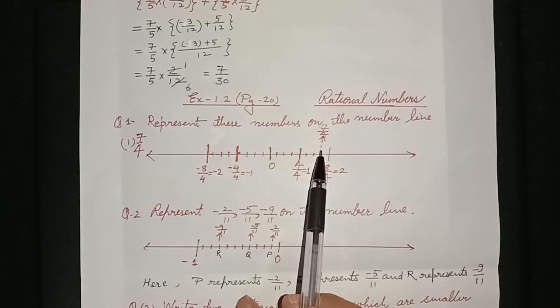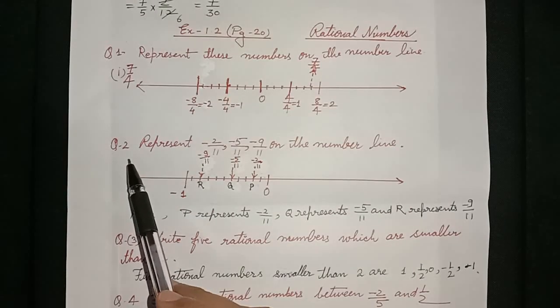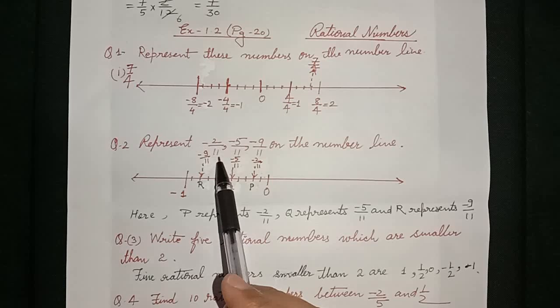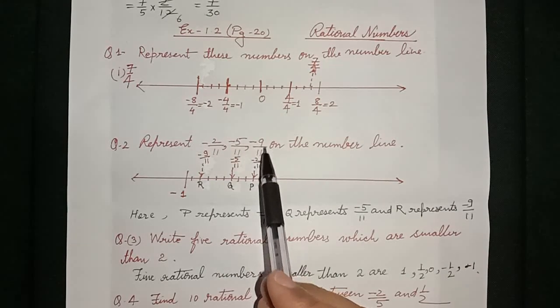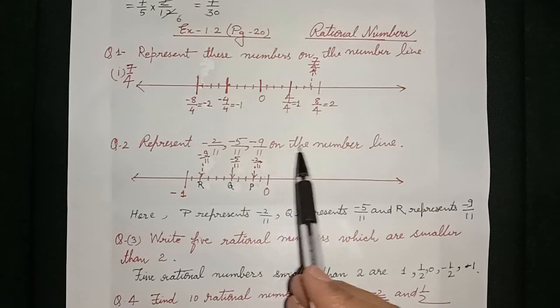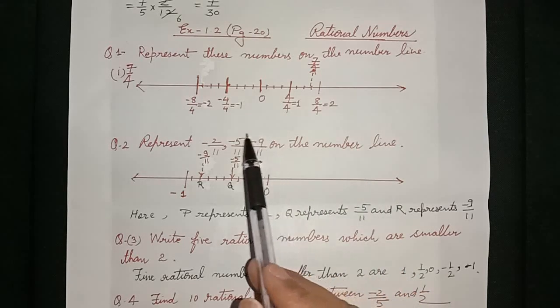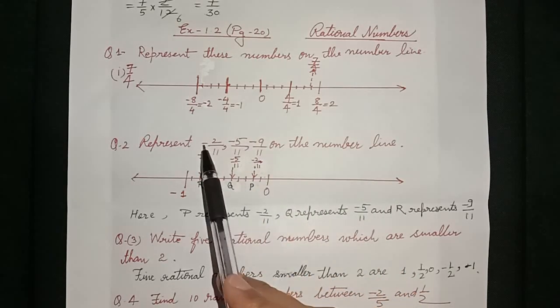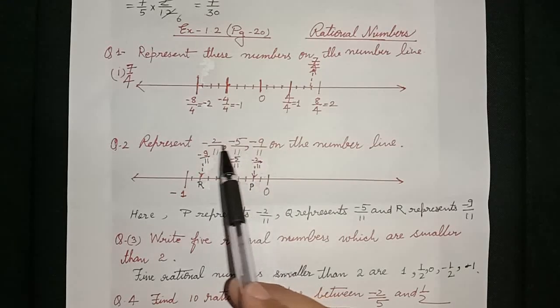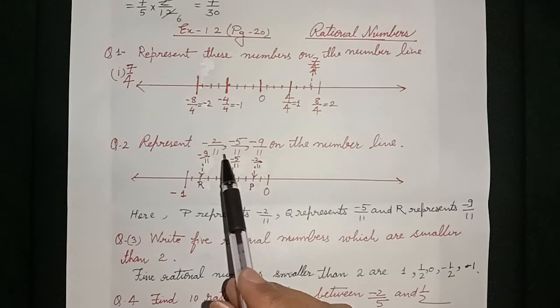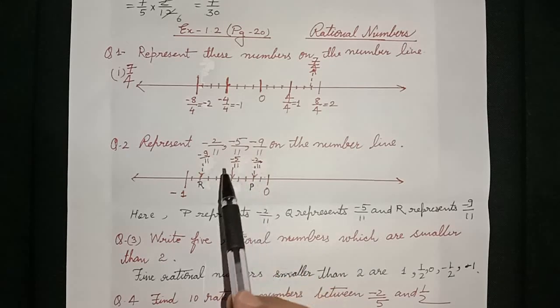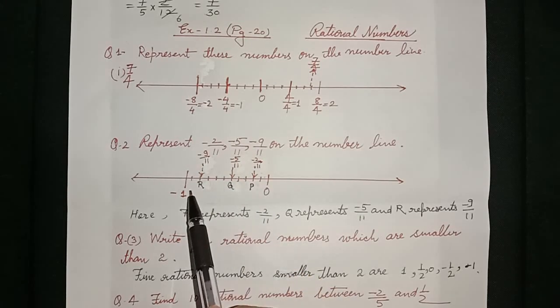Now, you see question number 2. Represent minus 2 upon 11, minus 5 upon 11, minus 9 upon 11 on the number line. Here you can see all three numbers are negative rationals. It means you have to represent these three rational numbers on the left side of the 0.